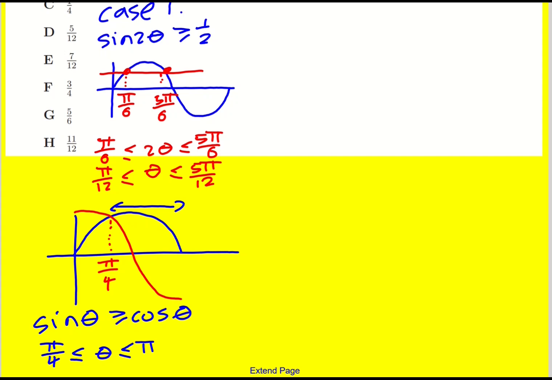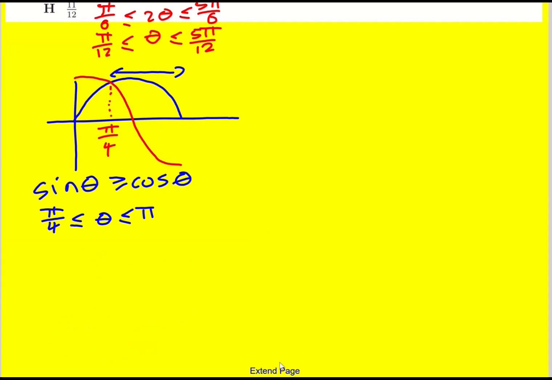And what does that tell me? I need theta to be greater than pi over 12, but also greater or equal to pi over 4. The pi over 4 is going to win out. And I need it to be less than or equal to 5 pi over 12, but also less than or equal to pi. The 5 pi over 12 is going to win out. So overall, from case 1, pi over 4 is less than or equal to theta, which is less than or equal to 5 pi over 12.